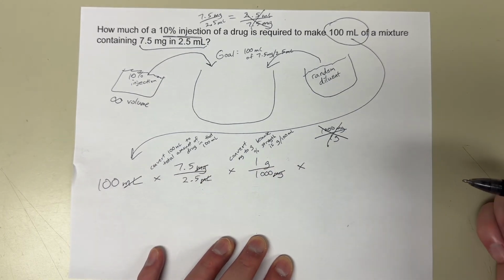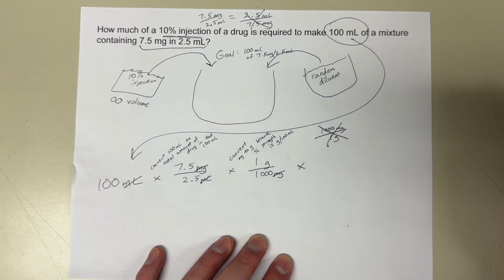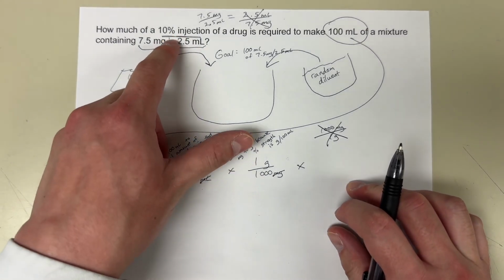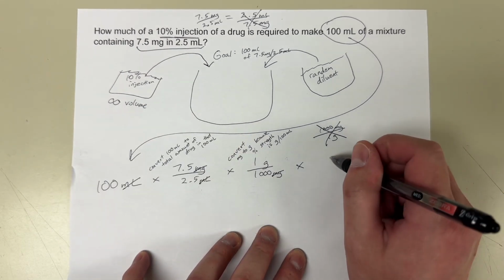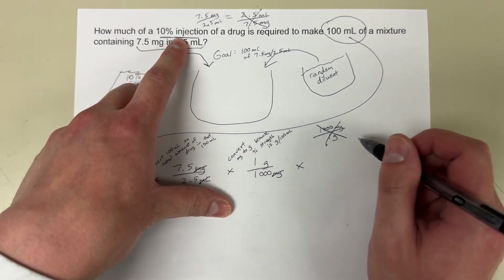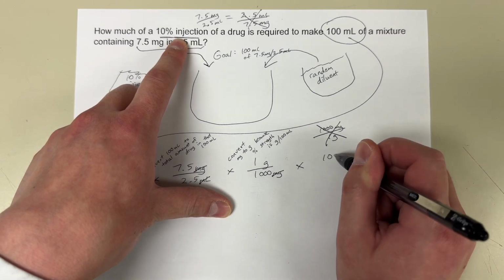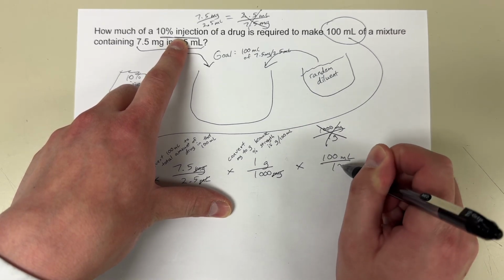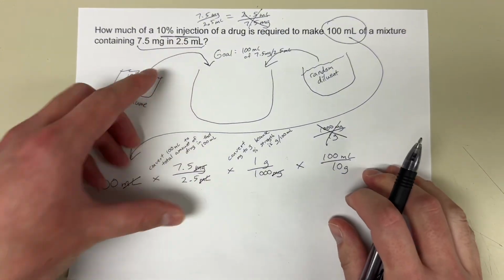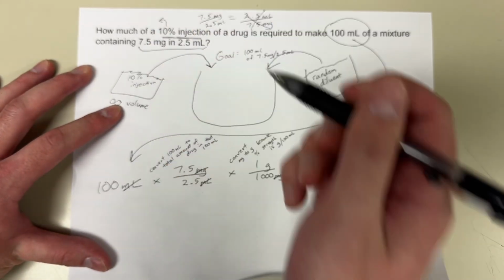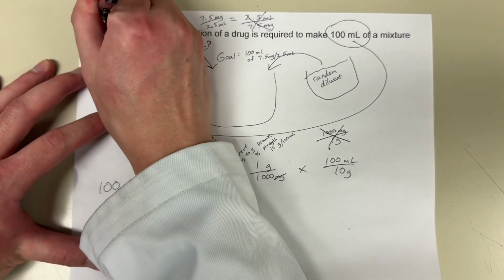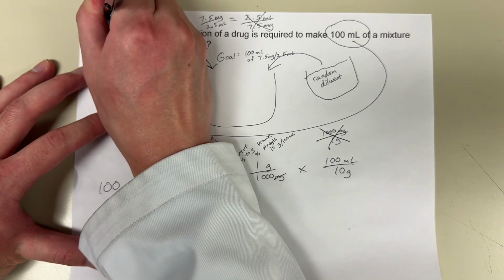So next I am going to convert the total amount of drug to milliliters using our 10% injection here. So 10% injection is the same thing as saying 100 milliliters over 10 grams, right? Because this is what 10% means. This ratio strength, 10% means 10 grams over 100 milliliters.